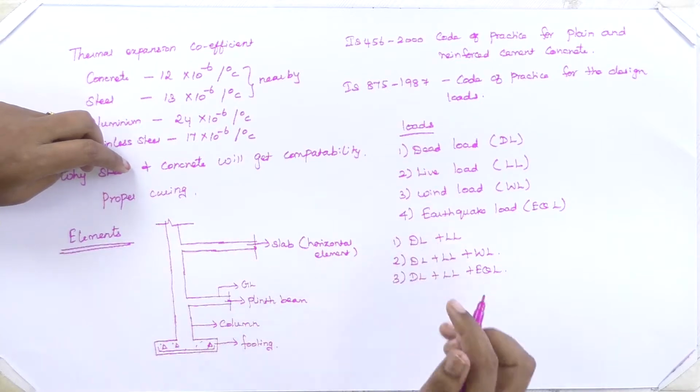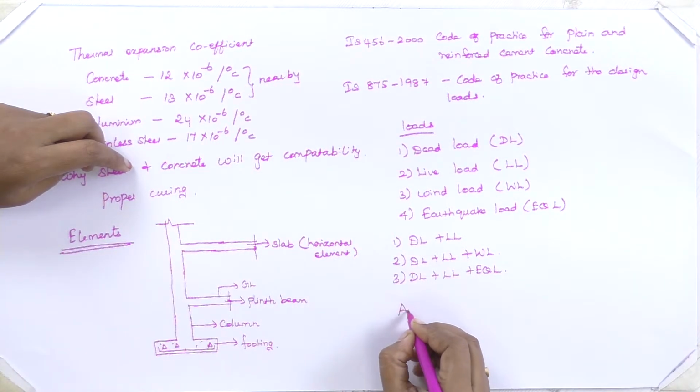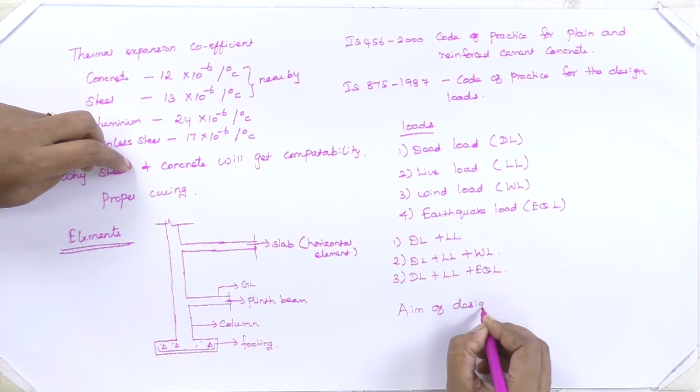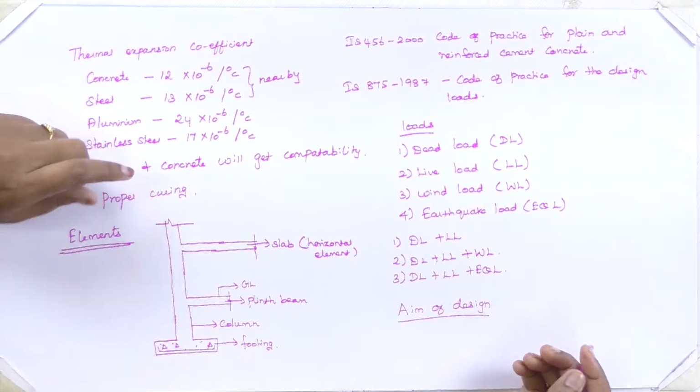Okay, first thing, aims of design. What is meant by aim? We have certain aim to lead our life. In the same way, when we construct a structure, the structure should have some aim. That is, aim is nothing but it should satisfy some criteria.